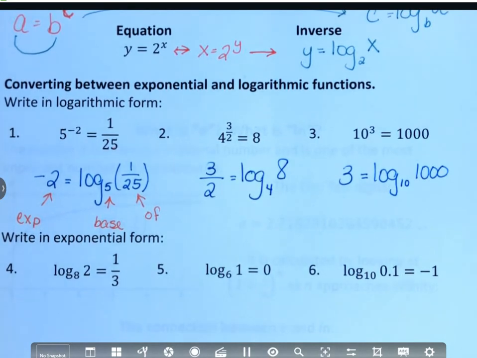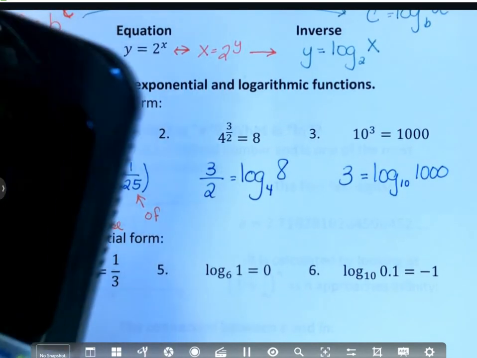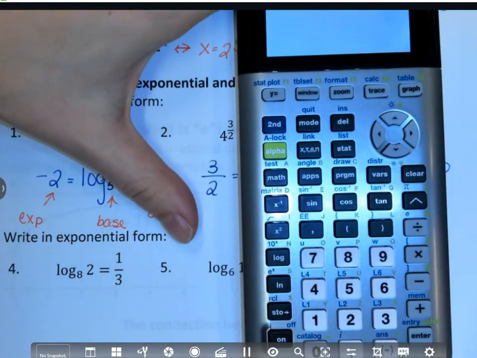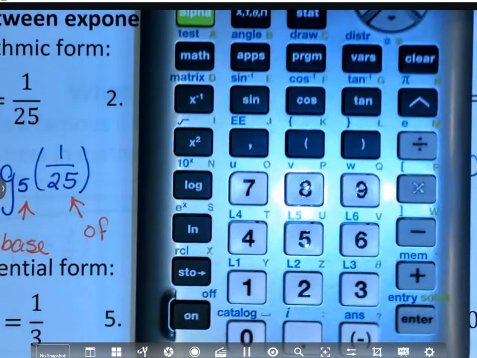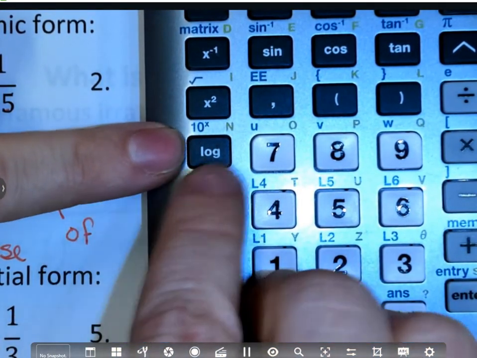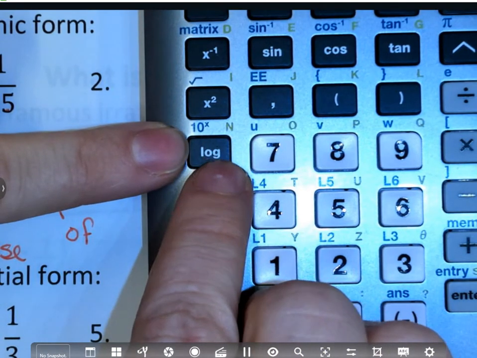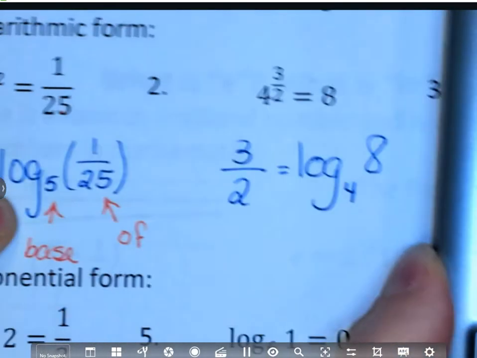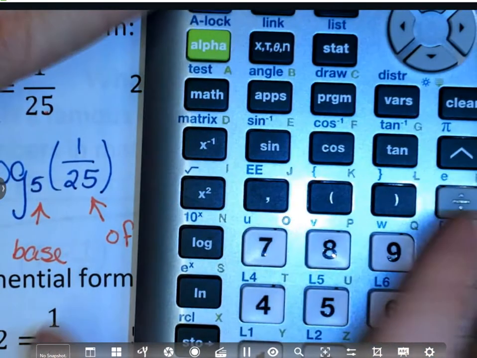If you look at your calculator, and we will be getting calculators towards the end, you are going to have this button right here. That log doesn't have a base. That button here is not going to work, for example, for a log base 5 or a log base 4.